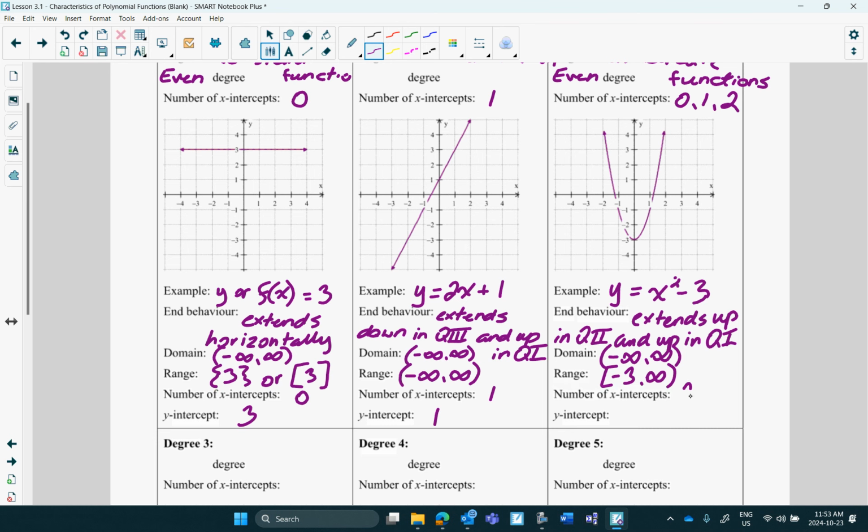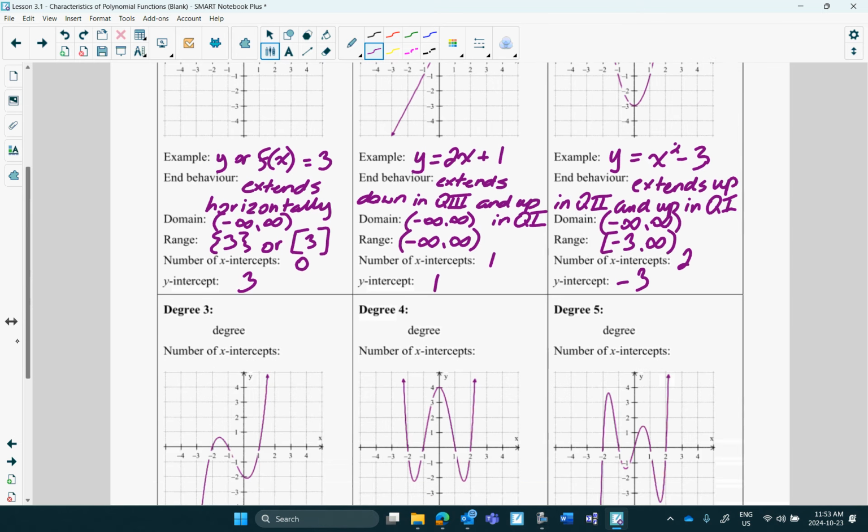And what is its y-intercept? So these are the ones we've done, and these are the properties we've talked about, although we never really talked about end behavior before. All right, let's go to the funkier looking ones.